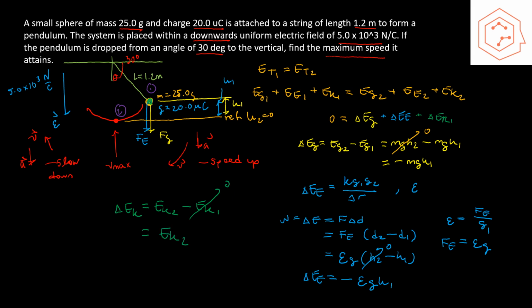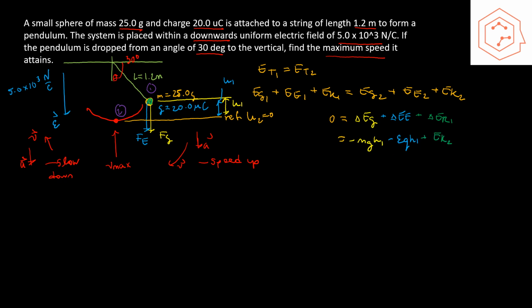And now we're ready to sub all of this in. Just as a summary, we have our equation. The change in the gravitational potential energy is negative mg h1. The change in the electrical potential energy is negative EQ h1. And the change in the kinetic energy is positive EK2. So we can reorganize it.